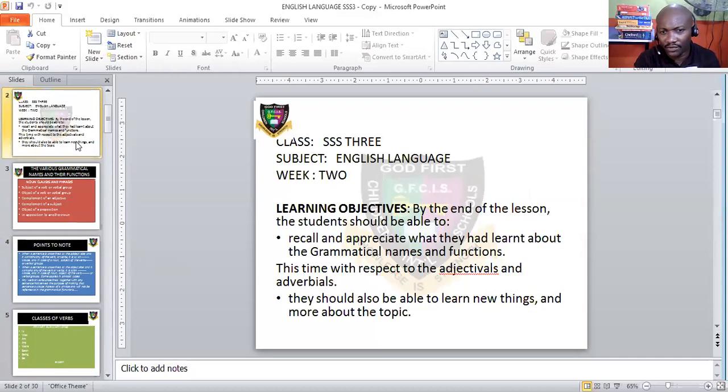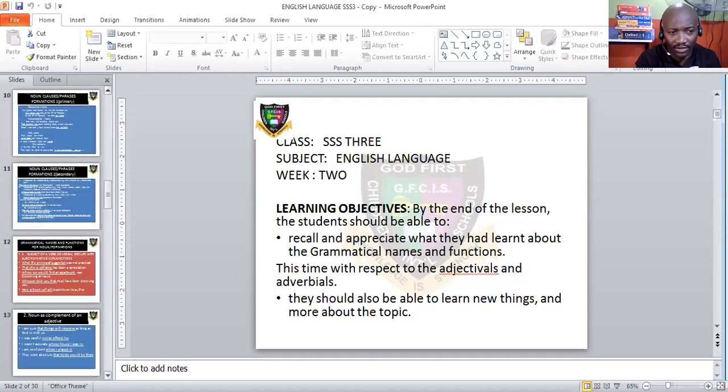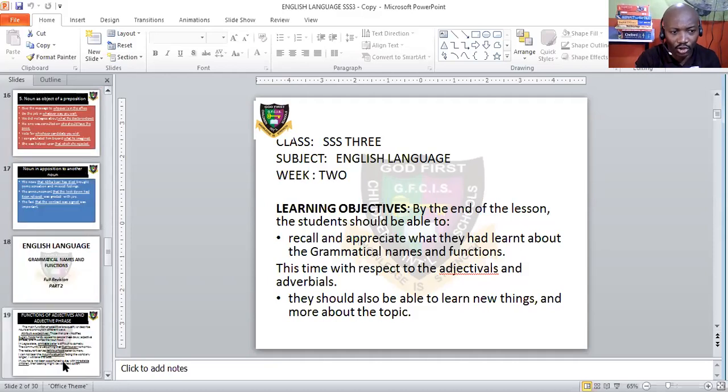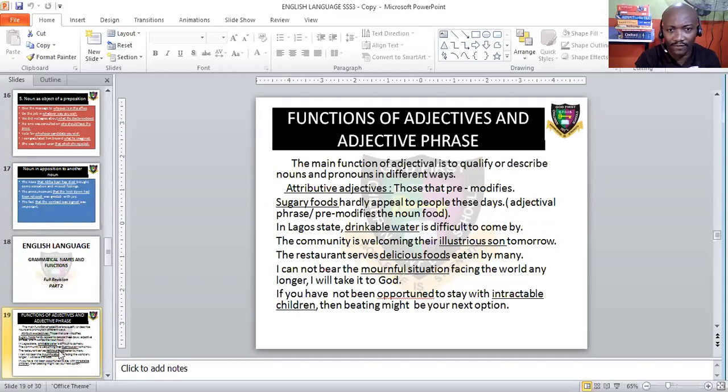So at the end of today, you're going to recall and appreciate what you've learned about grammatical names and function, this time with respect to the adjectivals and adverbials. And you're going to be learning new things in the course of today's class that you're going to be making use of.